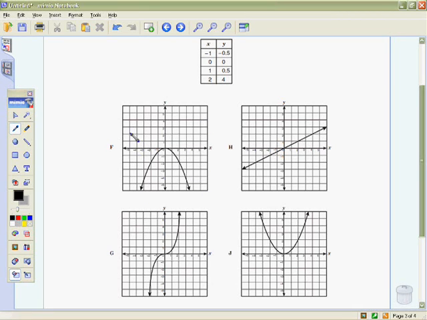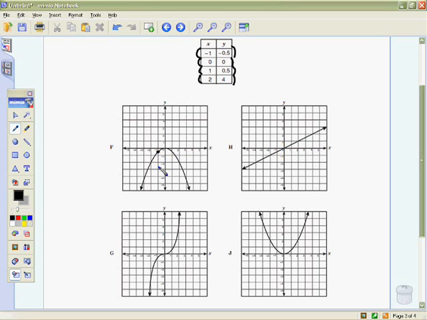Let's look at choice F. My first ordered pair, and remember these are all just xy values, which are ordered pairs, which are going to be points on this coordinate plane. I have -1, comma -0.5. -1, comma -0.5 is going to be, oops, excuse me, not there. -1, -0.5 is right there.